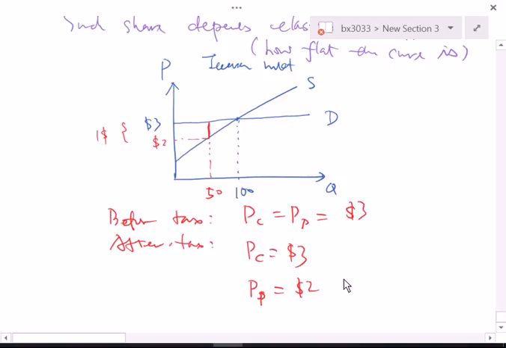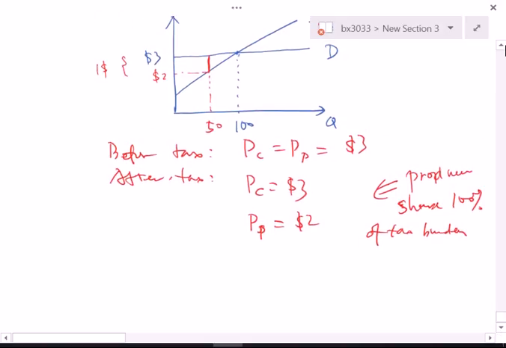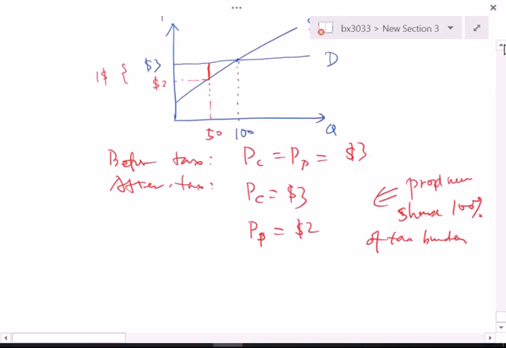So now we see that the producer shares 100% of the tax burden. In this particular case where the demand is perfectly elastic, the producers share 100%. And you can do an exercise to look at different cases.